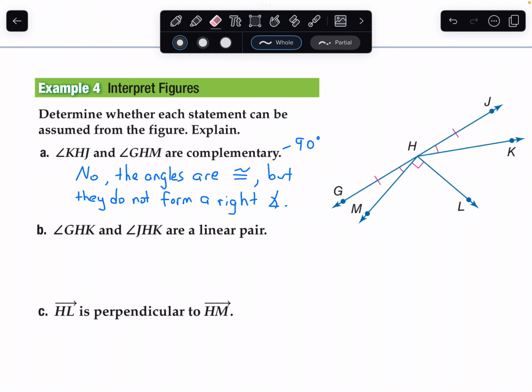Next, angle GHK and angle JHK are a linear pair. Well, seeing as this is a straight line and they share a side, it's the one highlighted in green and pink there. Yes.